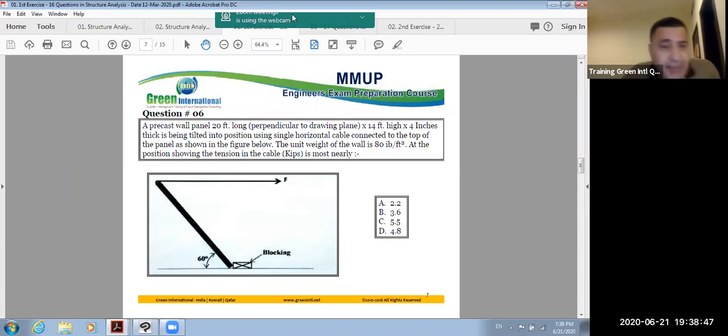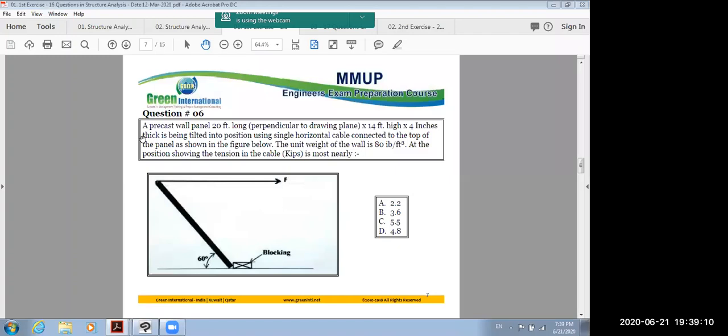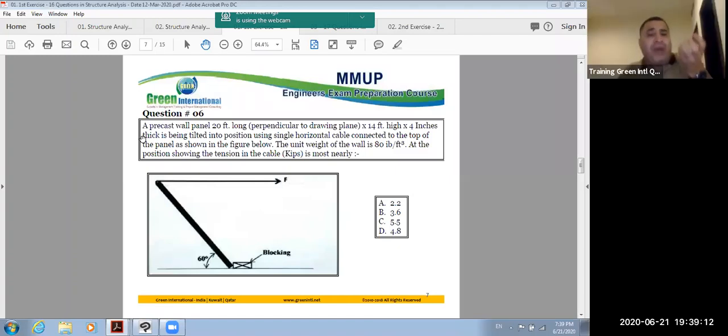80. Okay, this is British units, and he gave it to you. In number 9, he is not giving it because we assume that all engineers in Qatar know about the unit weight, which we are going to discuss in concrete material in the material class. We will discuss the unit weight of reinforced concrete members.